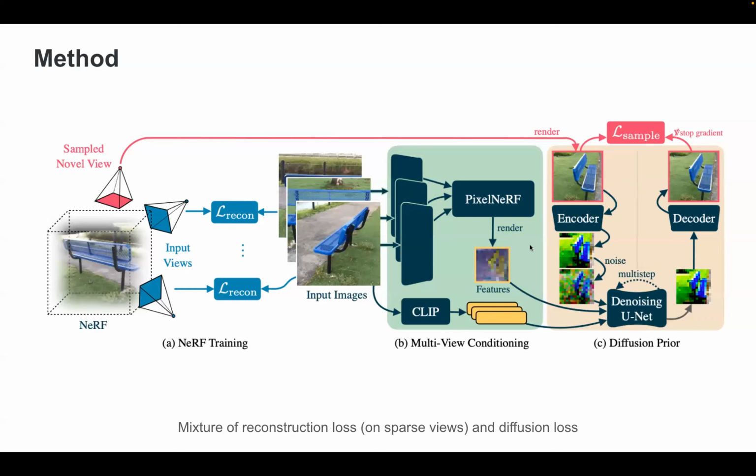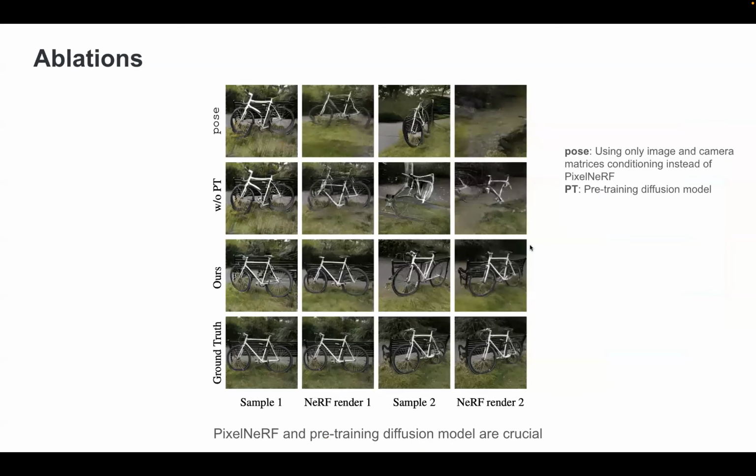Do they show any failure cases? Yeah, maybe we first look at the ablations. So at the top, pose here means, instead of using PixelNeRF, which can encode multiple views and then averages out the features of these multiple views, you can also do a more naive, simpler setting, like what Zero-1-to-3 and these methods do, which is only condition on the image and the camera matrices instead of having an actual rendering of the features.